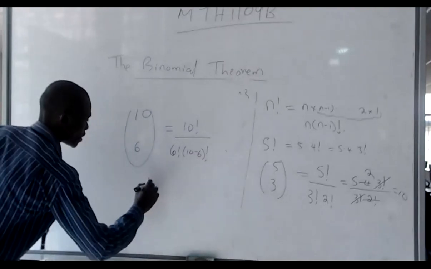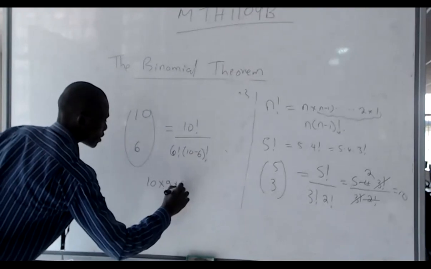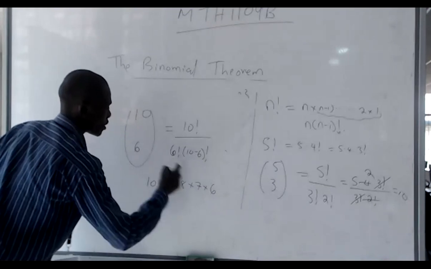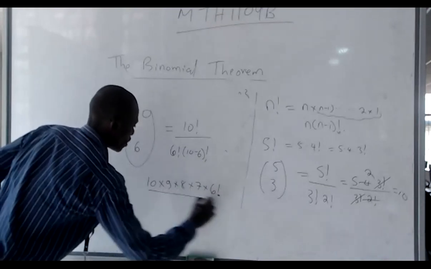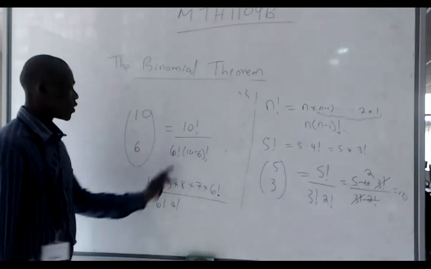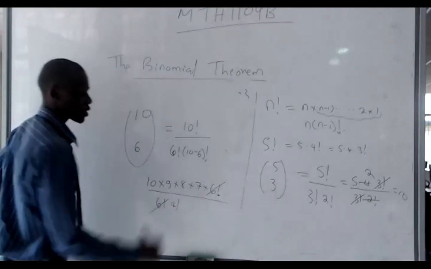So this is going to be 10 times 9 times 8 times 7 times 6 factorial divided by 6 factorial times 4 factorial, where 4 is 10 minus 6. So 6 factorial will divide 6 factorial.